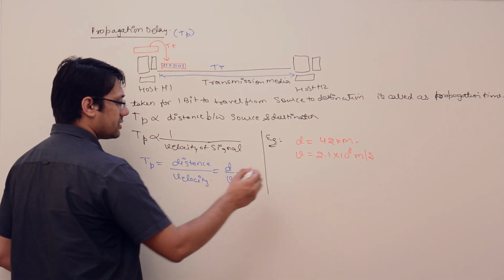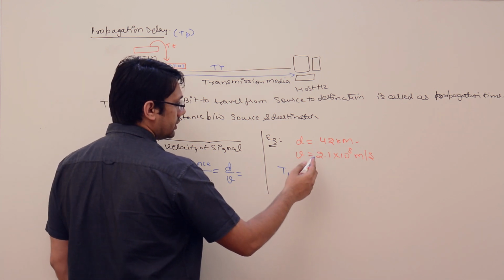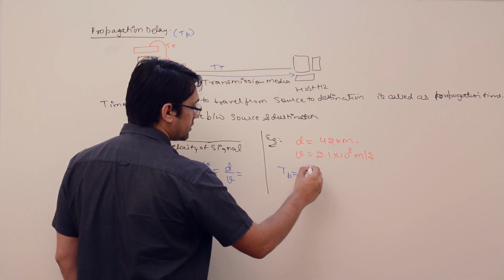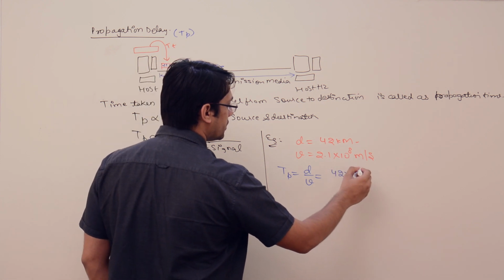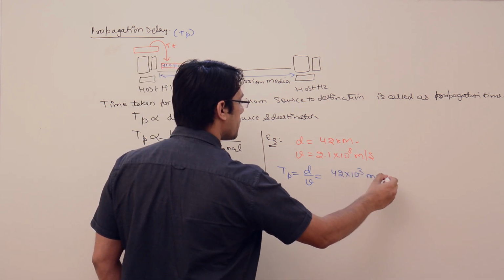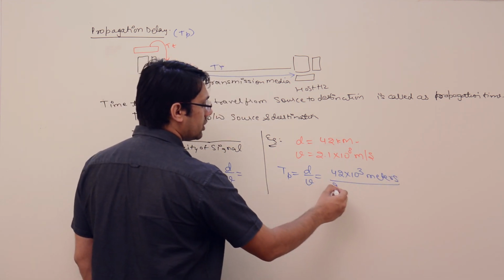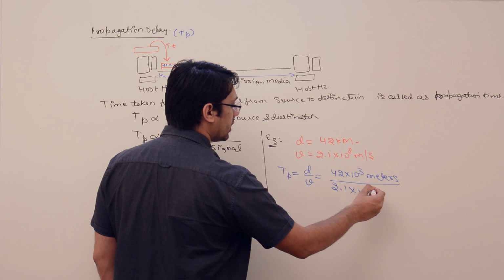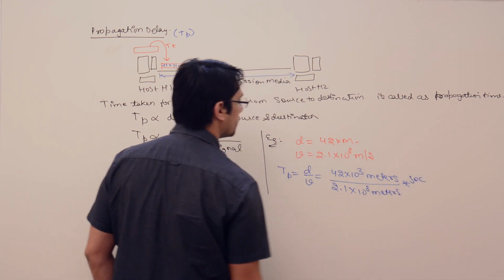Then what is the propagation time? Propagation time is distance upon velocity, which is 42 into 10 raised to power 3 meters upon 2.1 into 10 raised to power 8 meters per second.